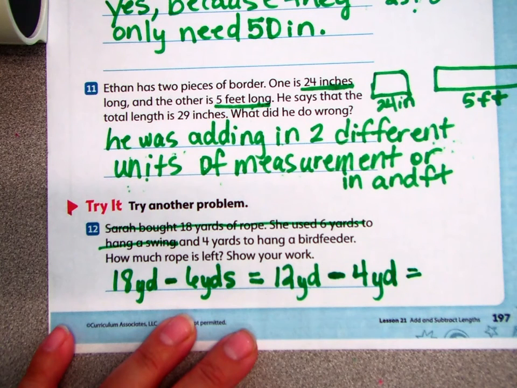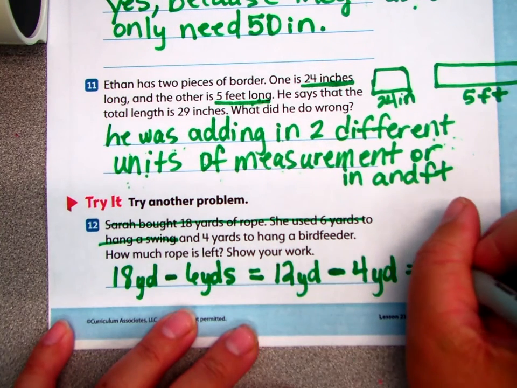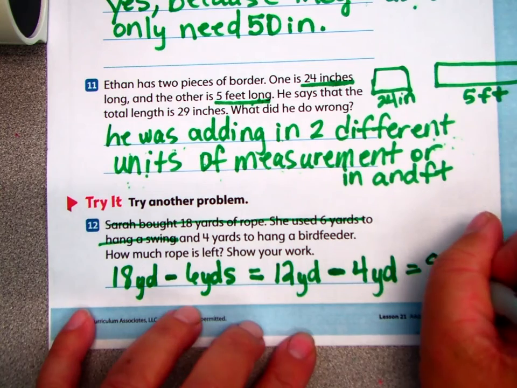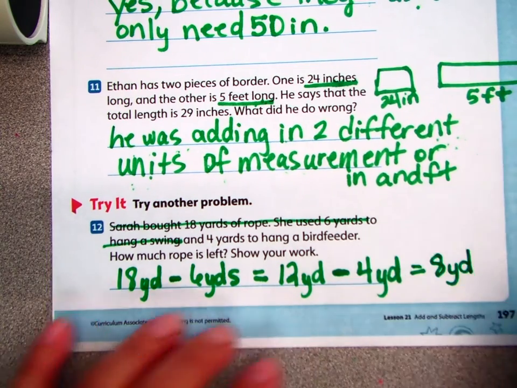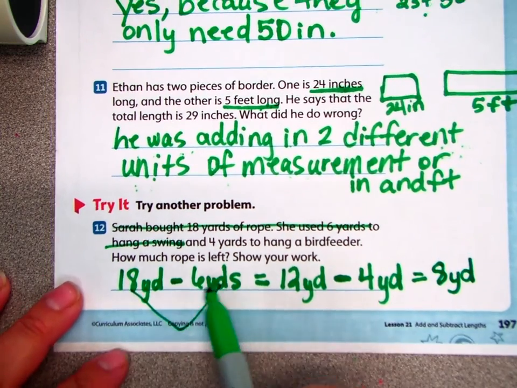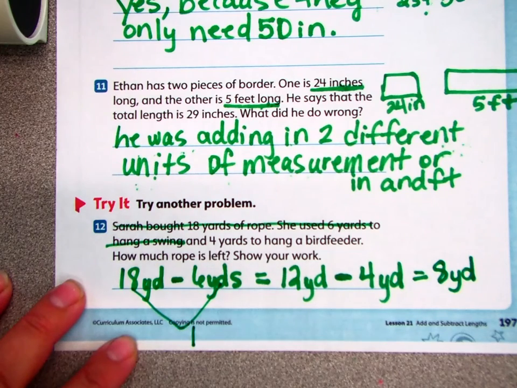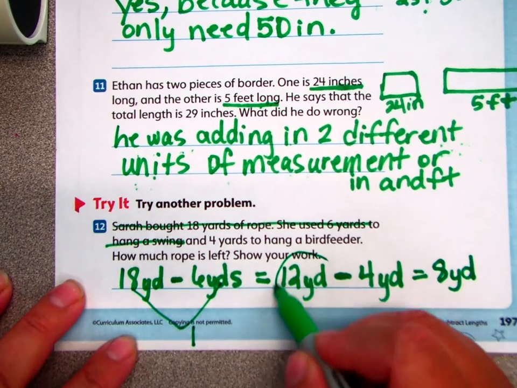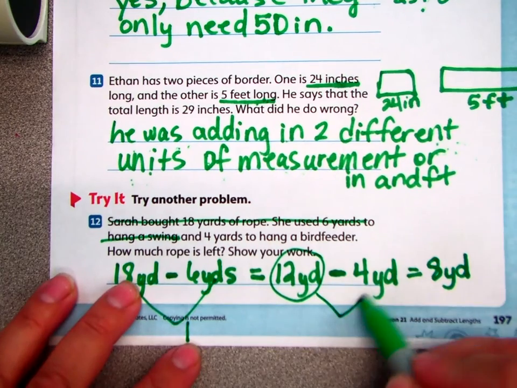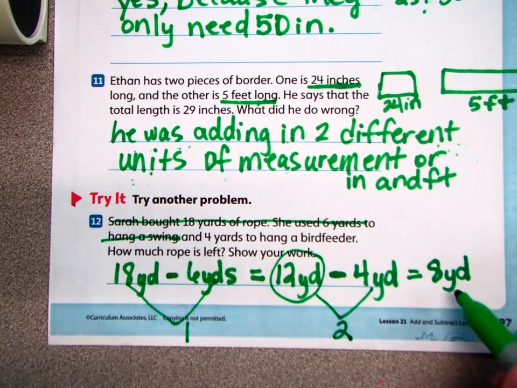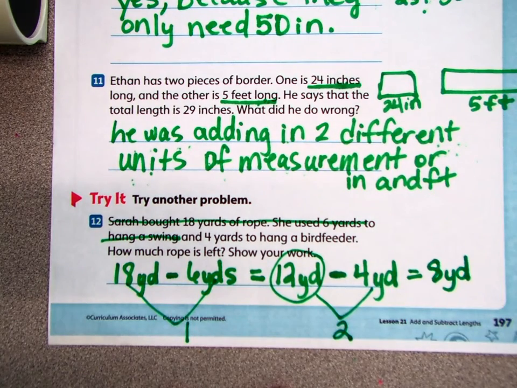You can do a little different things to solve this, okay, if you don't automatically know it. So 12 minus 4, I know, leaves me with 8 yards. So this was step 1. And that gave you this answer. This was step 2, which gave you your final answer of 8 yards.